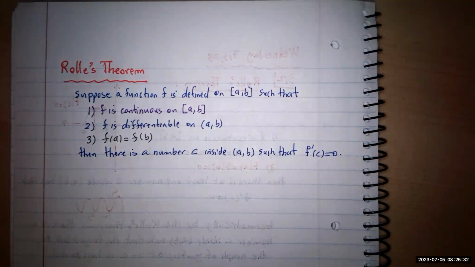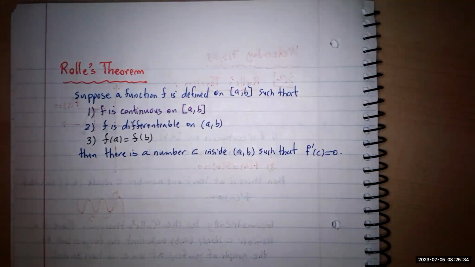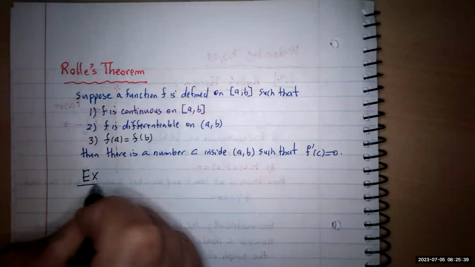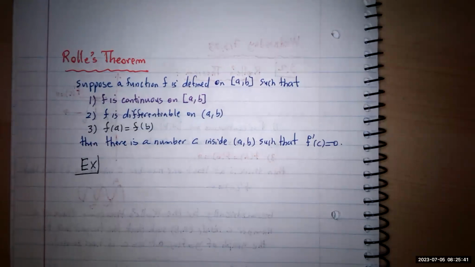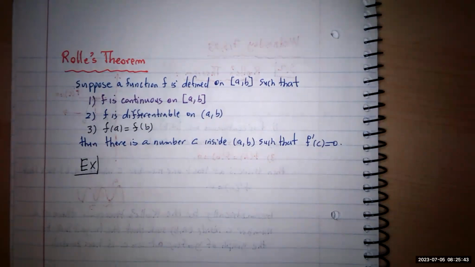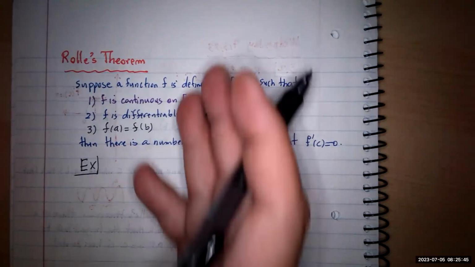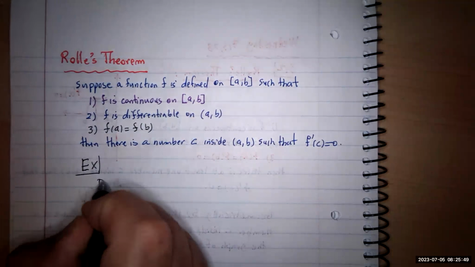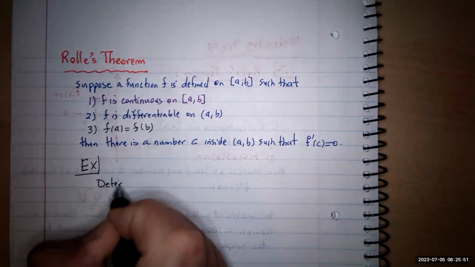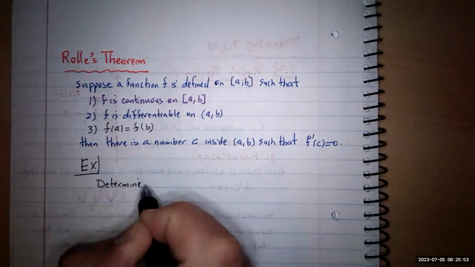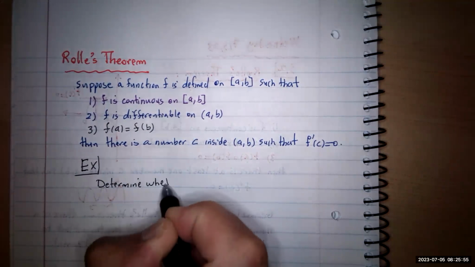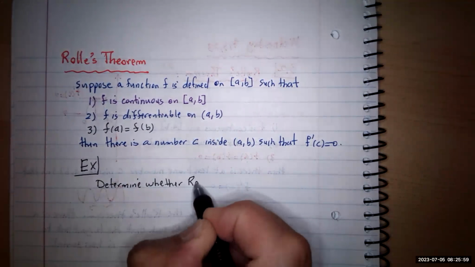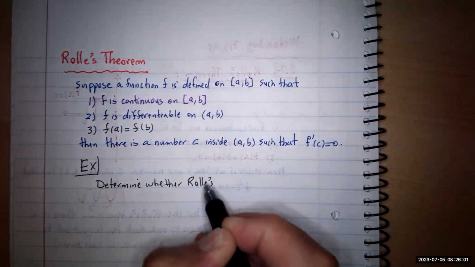Let's give you one example to see how we're going to check it for a problem in your book. And of course, it would be useful for you when we get to the mean value theorem. We just simply give you one function, and they ask you to check this condition. That's it. Okay, determine, check whether Rolle's theorem can be applied to the function. Rolle's theorem is named after a French mathematician.